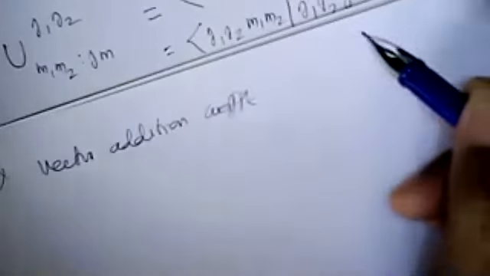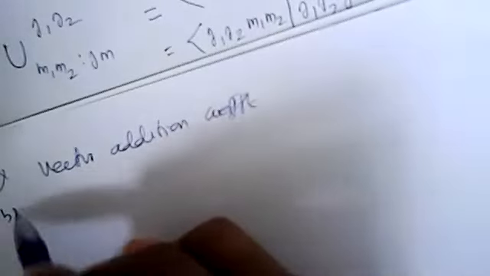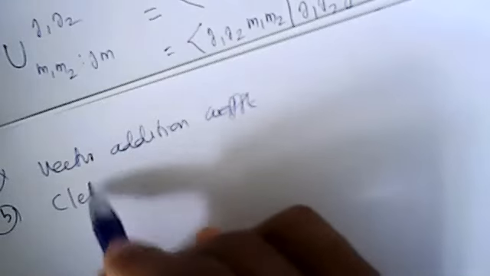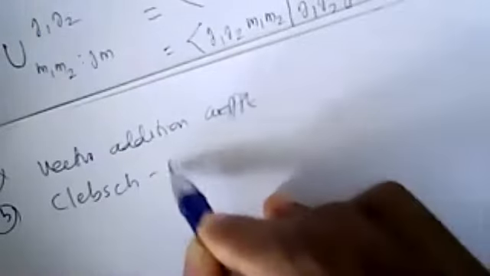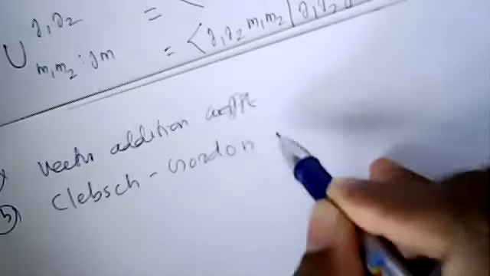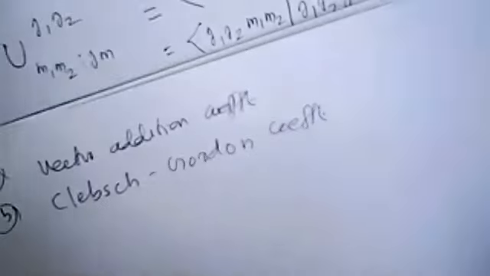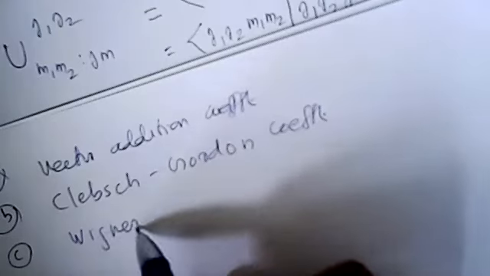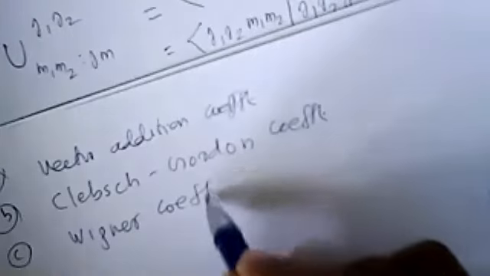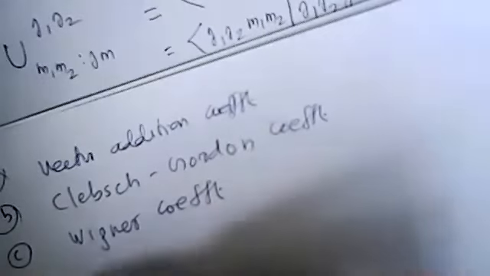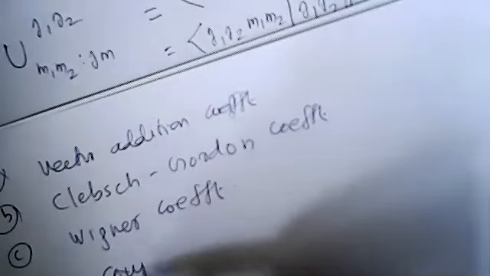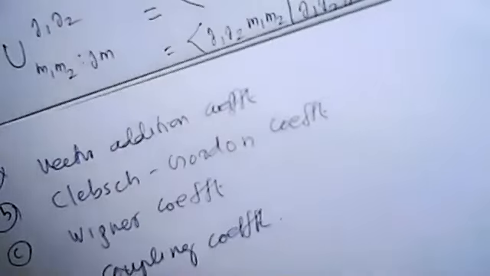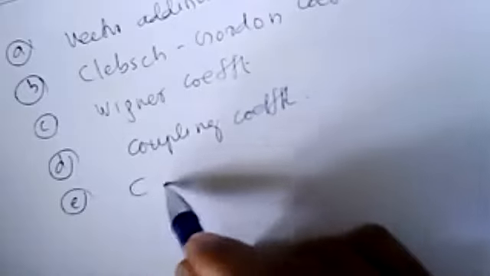Some others will write like that. And one popular name is Clebsch-Gordon coefficient. And somewhere you can see that it is Wigner coefficient. Somewhere you can see that it is coupling coefficient. Sometimes you can see the C coefficient.